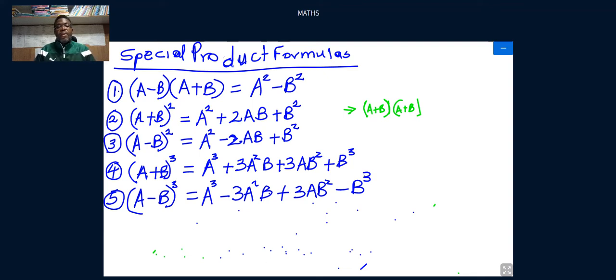Similarly here, on number 4, you apply the rules of exponents. You do the same thing. You multiply throughout. So you see, for you to be able to work with special product formulas, what do you need to understand? FOIL. Is there anything else?